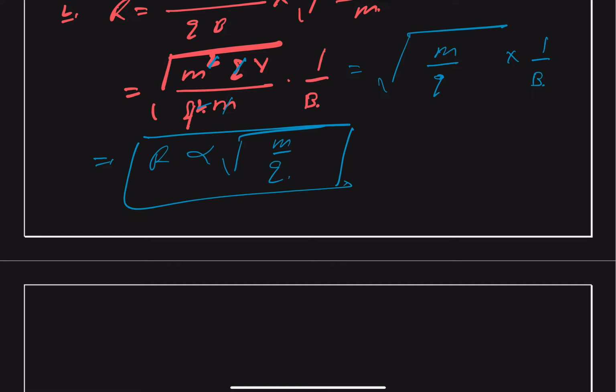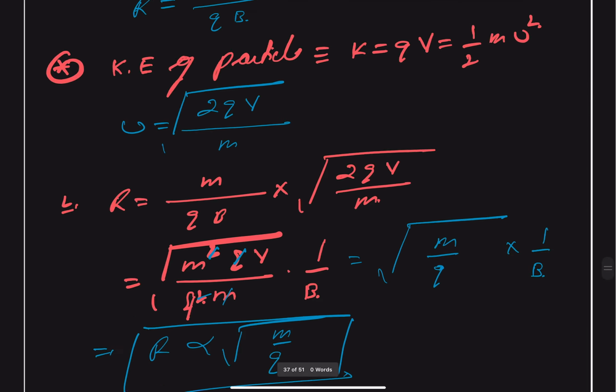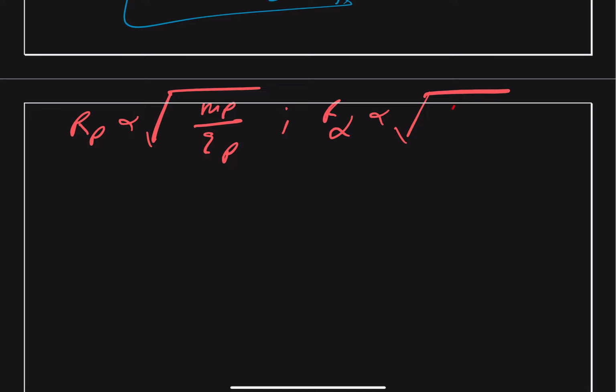So now we can write for the first particle, which is our proton, that our rp is proportional to square root of mp upon qp, and for r alpha we can write this as proportional to square root of m alpha divided by q alpha.